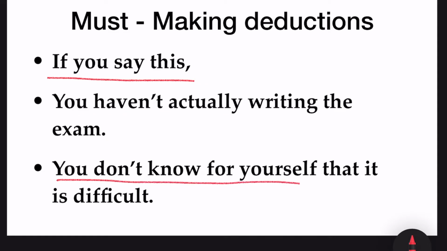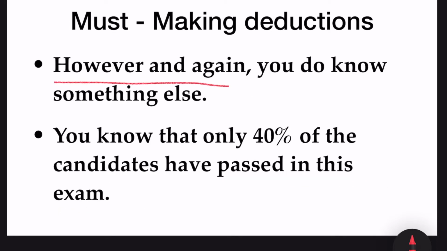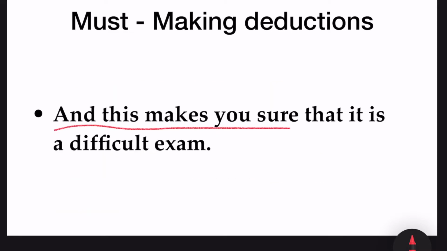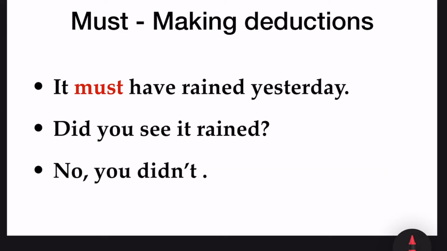You don't know for yourself that it is difficult. However, you do know something else about the exam. You know that only 40% of the candidates have passed in this exam. And this makes you sure that it is a difficult exam or a difficult subject.